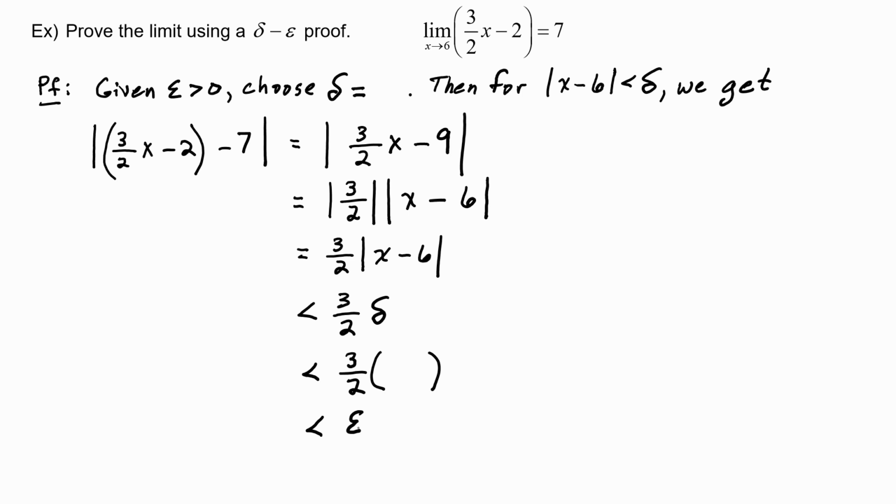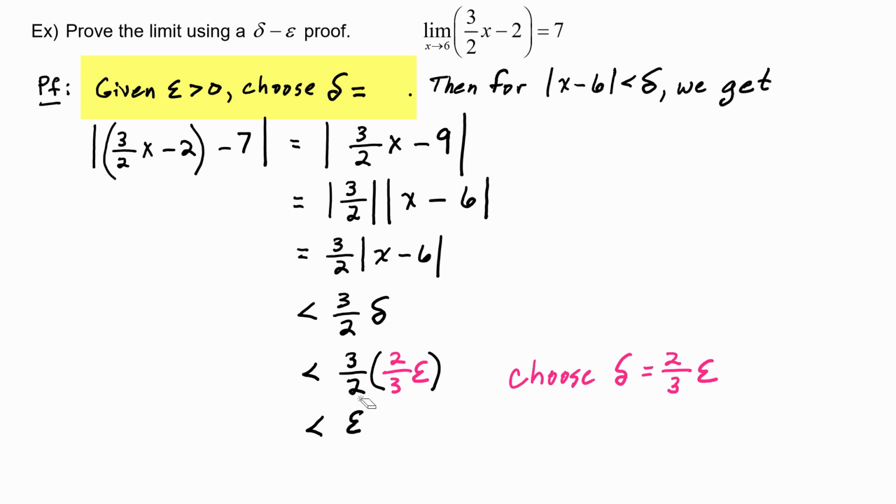So you can see we need 3 over 2 times something to equal epsilon. So if at this point we choose delta to be 2 over 3 epsilon, if I substitute that in here, you can see the 3's will cancel out, the 2's will cancel out, and we are left with epsilon.